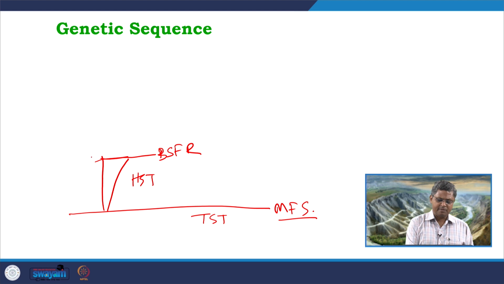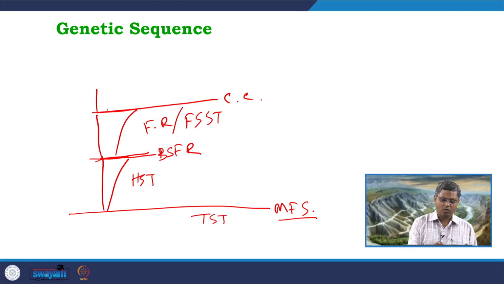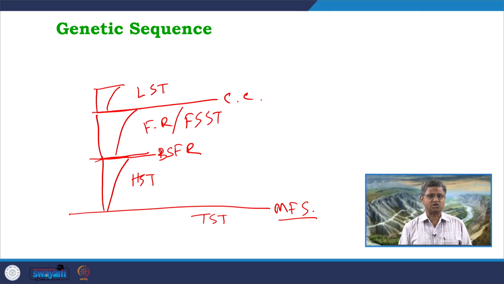On this BSFR surface, or on this HST package, we get another coarsening upward succession, which is the forced regressive part, commonly called the FSST package, the falling stage system tract. This will be overlain by a correlative conformity surface, and this will be overlain by another coarsening upward succession, a normal regressive package which we call the LST.